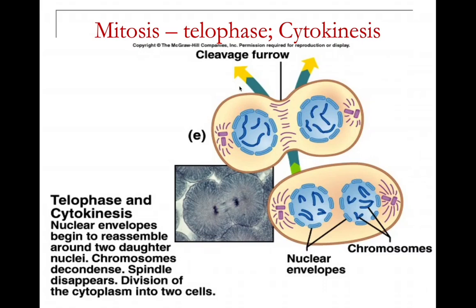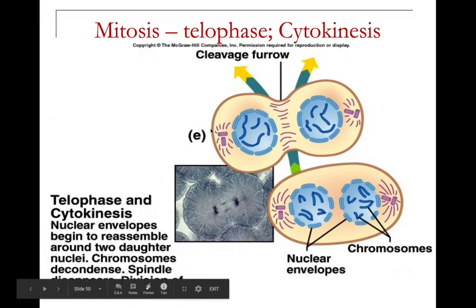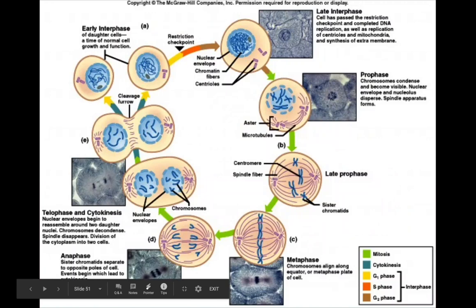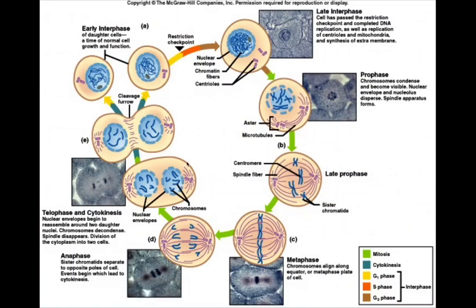So here you can see the cleavage furrow forming. This is when the cell is going to start to pinch in two. So you actually have little actin fibers in here. They're going to act like a drawstring to pinch this off so that you can have two new daughter cells. So this picture combines all of these into one if you're looking for a single picture to study this process.